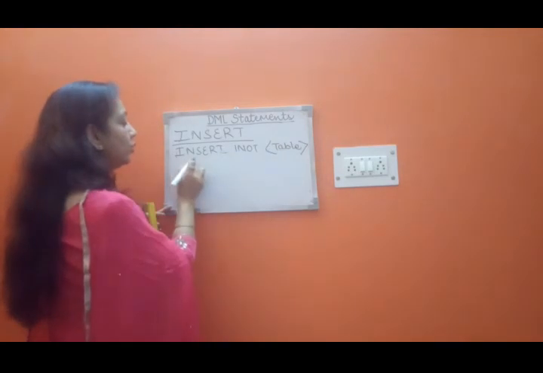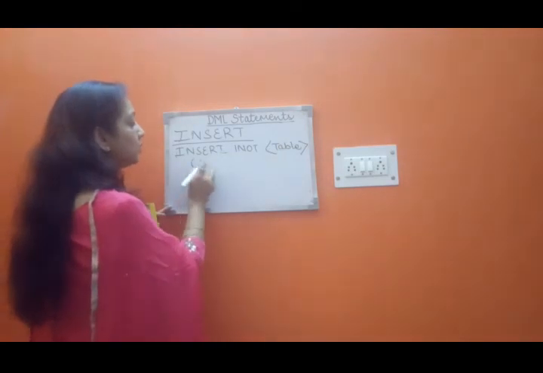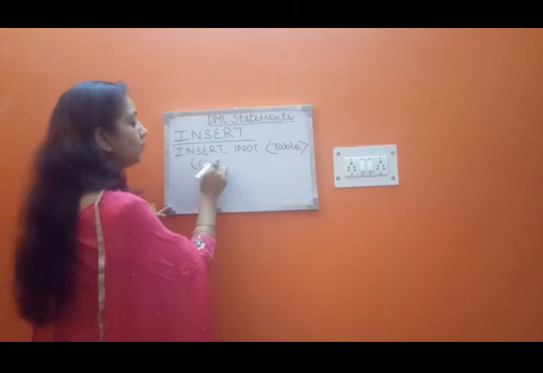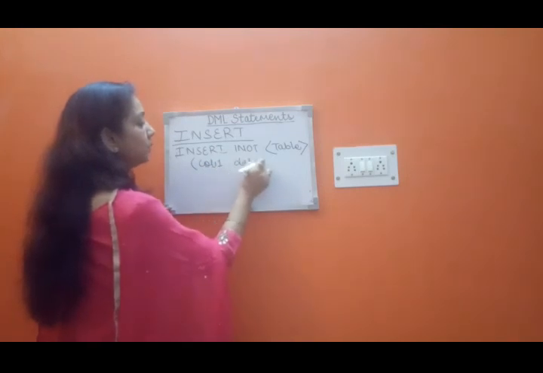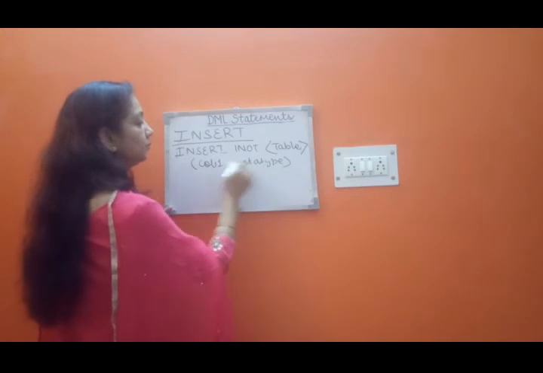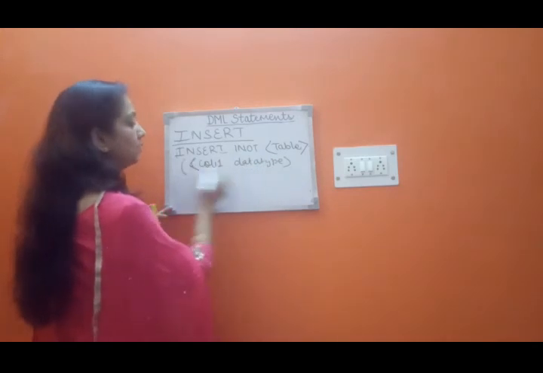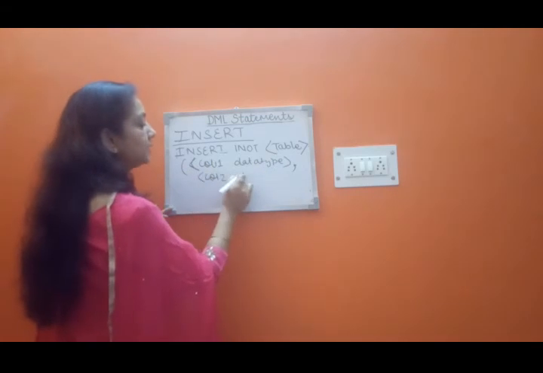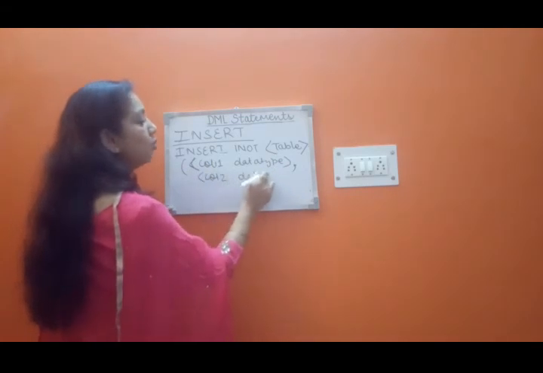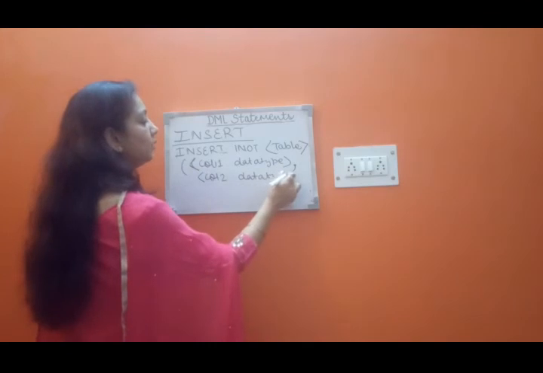What do I want to insert? How many columns? Column 1, its data type, then column 2, again its data type, and so on till the nth column.